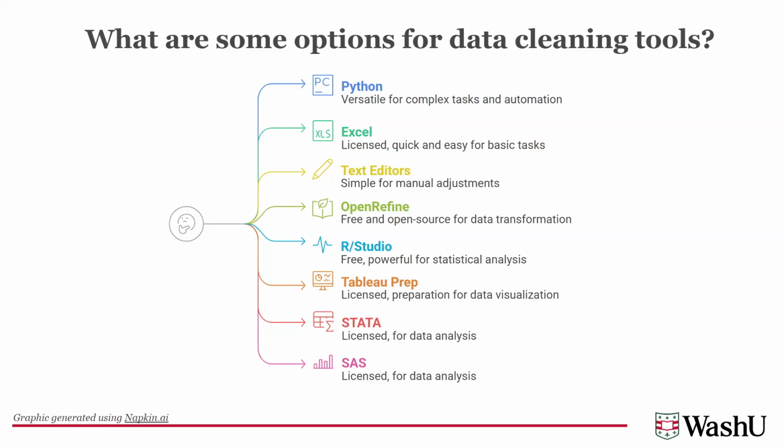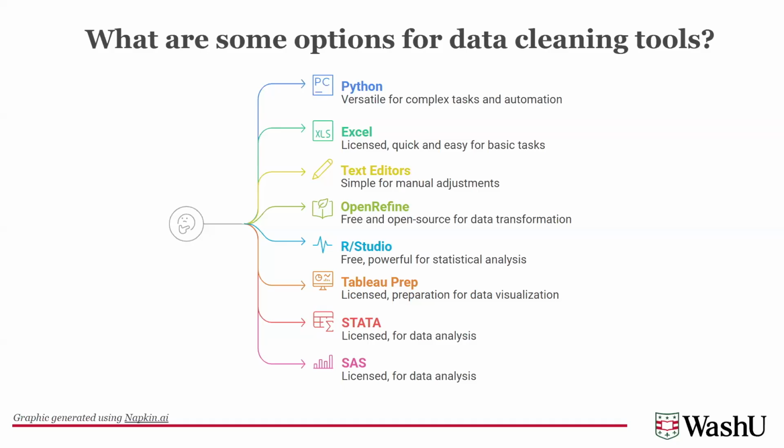So OpenRefine is an open source web-based application that is really good for combining files and finding clusters of values and things like that. RStudio can do pretty much anything that Python can do, really. And it, like Python, is also a free open source and cross-platform scripting language.